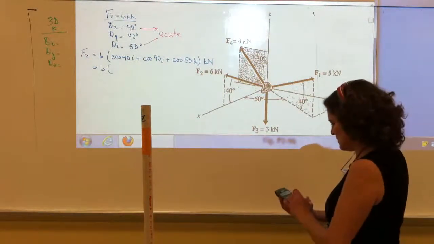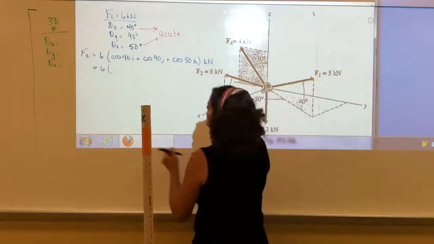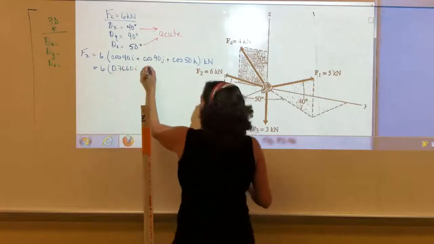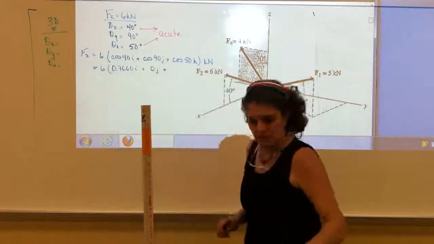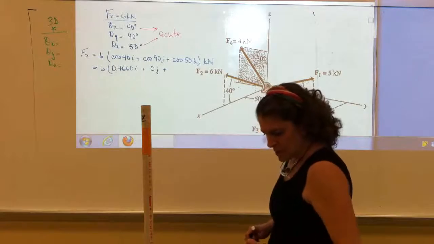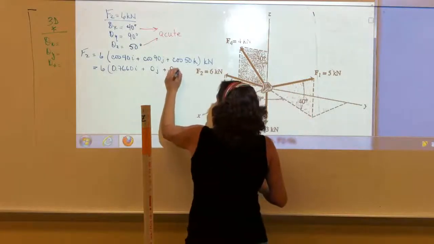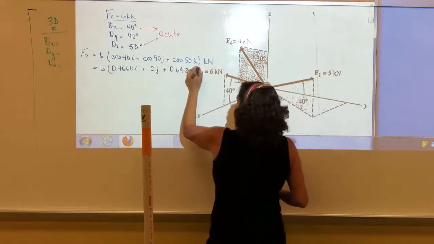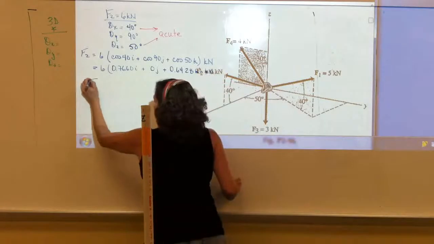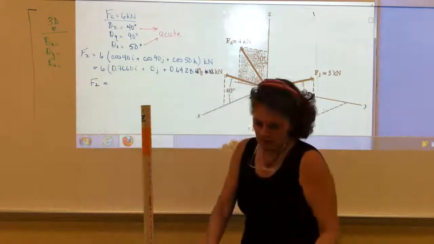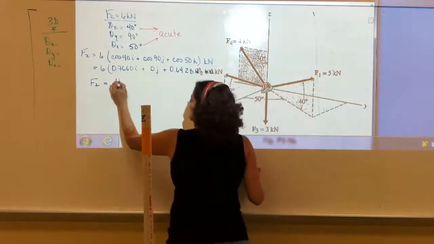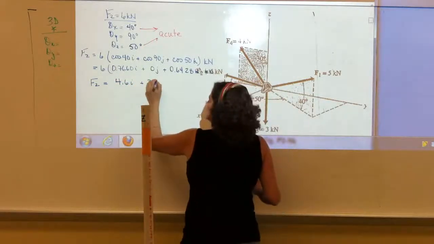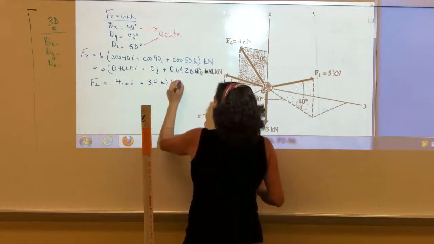I'm going to have to do it. 0.7660 i plus, this we know is 0, j, plus 6 cosine 50, 0.6428 k kilonewtons, and F2 turns out to be 4.6 i plus 3.9 k kilonewtons.